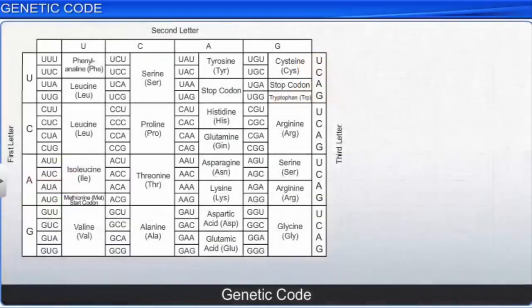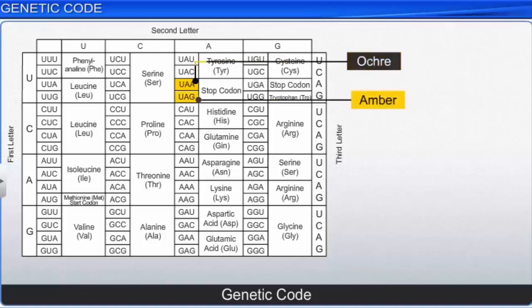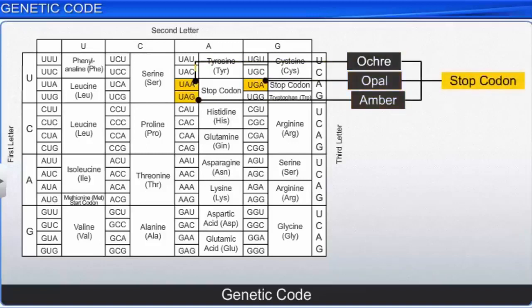Of the 64 codons, 3 codons, UAA, also called ochre, UAG, also called amber, and UGA, also called opal, act as a stop codon, which means they terminate the translation process and as such don't code any amino acid.